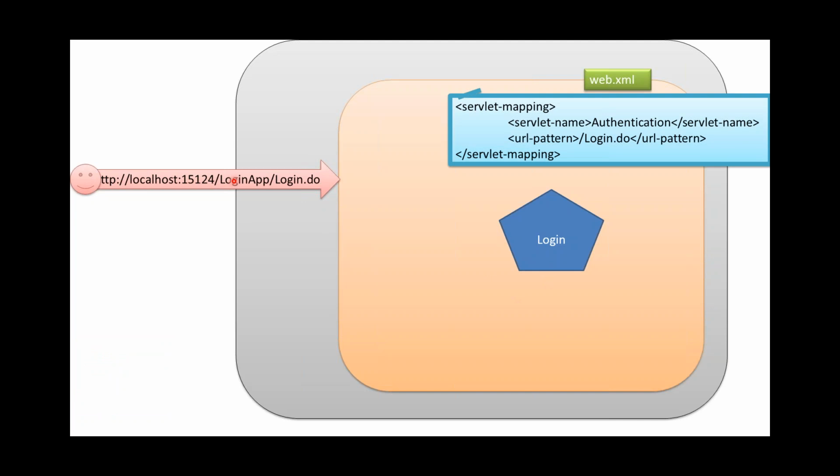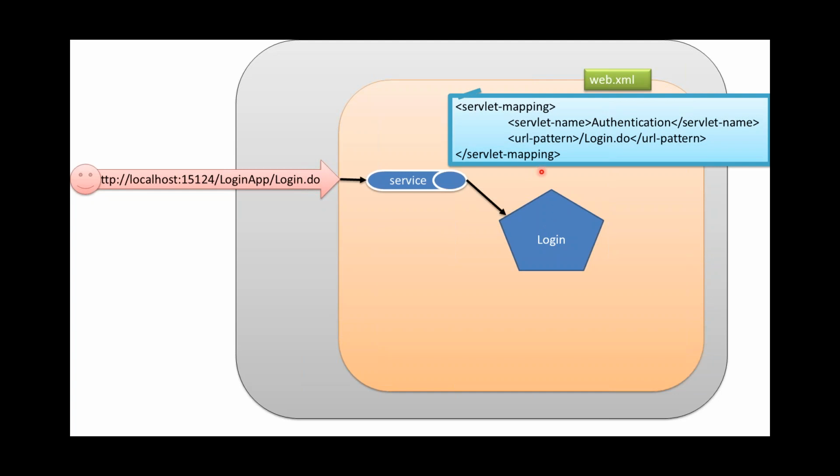Login app is the name of your application, like Gmail or Yahoo is the name of an application. From that, the request is coming to login.do. That is, login.do is mapped to this authentication servlet or login servlet.